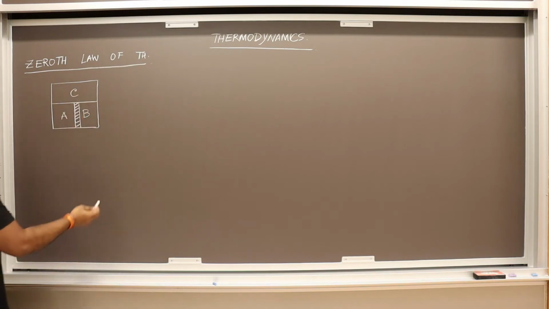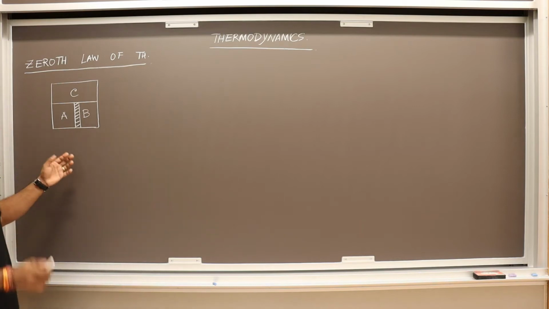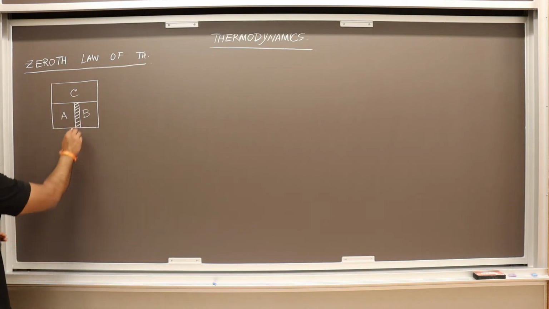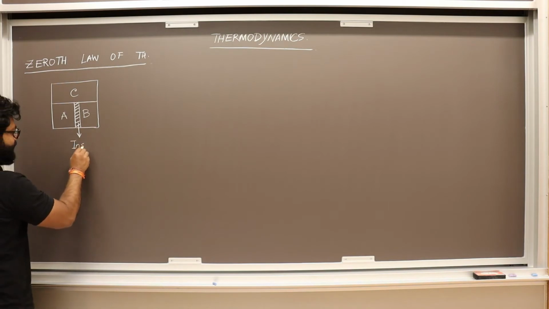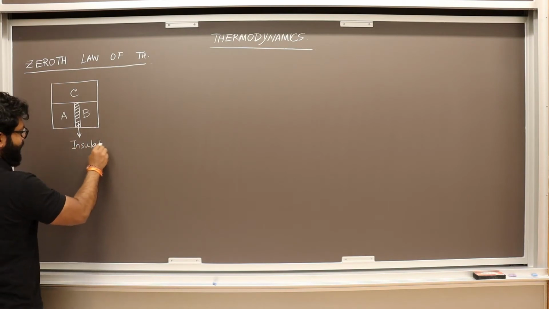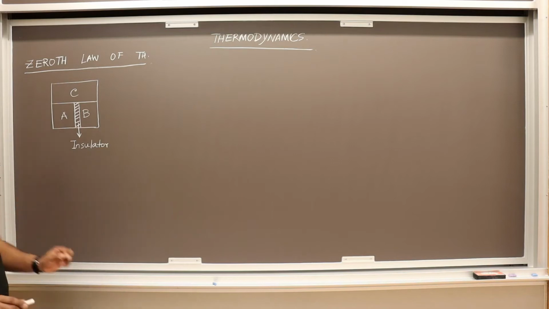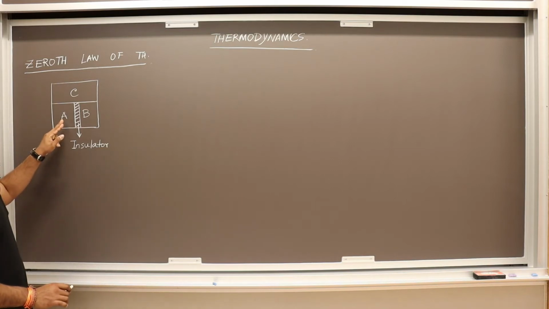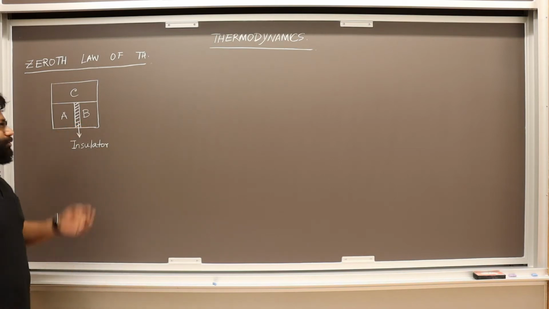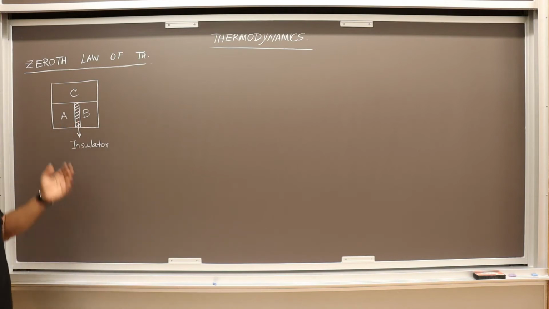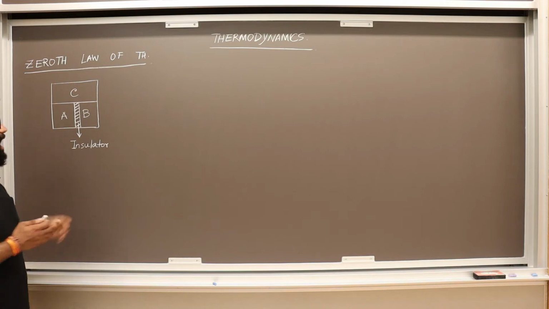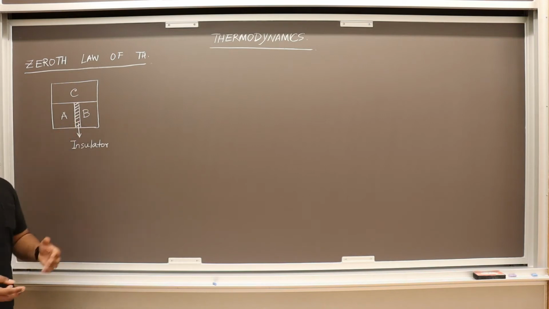Let's assume that you have a system in which there are three separate bodies, namely A, B, and C. Now A and B are separated by a thermal insulator, and there can be no heat exchange between body A and body B. We will assume that they are at different temperatures, one hotter and the other colder.